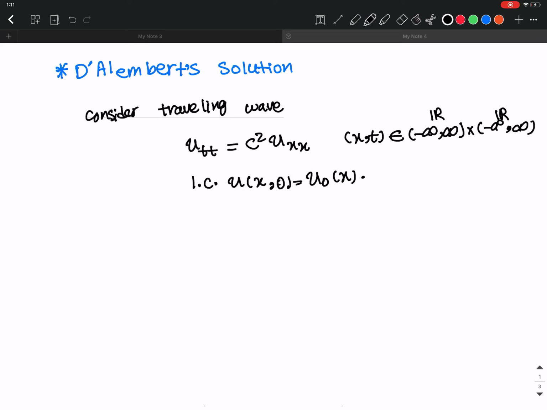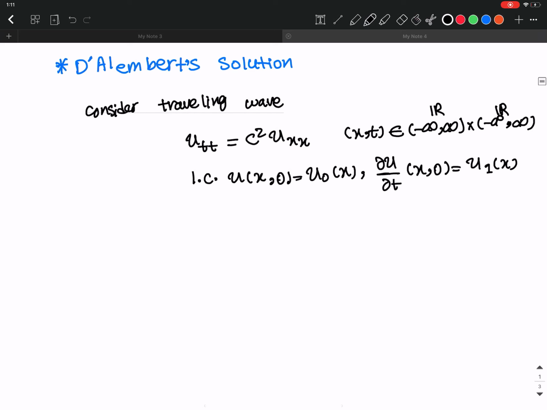So I'm gonna write it as du over dt of (x, 0), and we will call it u1(x). So these are the initial conditions, and then we have this traveling wave.